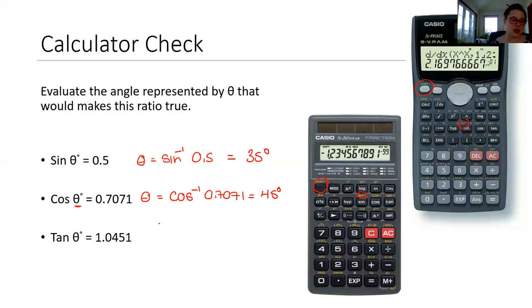And then if you do the same thing with tan, our angle is tan minus 1 of 1.0451, and that gives us an angle equal to 46 degrees. Now, we won't use this particular method very much in this lesson, but you will use it in the second lesson that follows this.